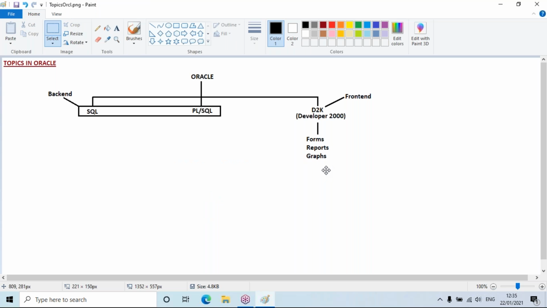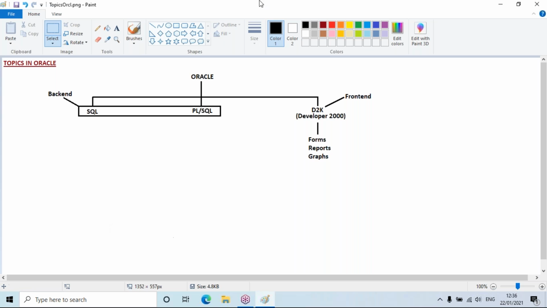Forms are also part of it. And graphs are also part of it. Forms are for data entry purpose. We can use reporting for presentation of data in a better look and feel. Graphs are for analysis, not highly advanced graphs. It's basic graphs you can find with D2K.